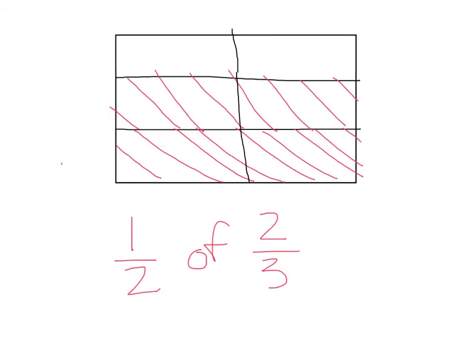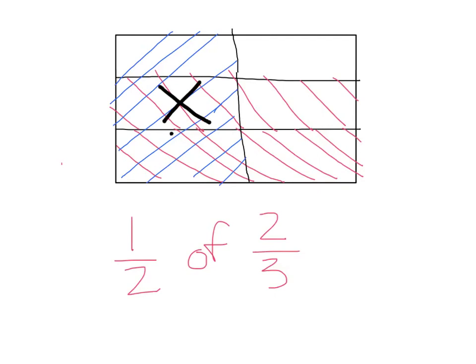Now I'm going to shade in half, the whole half. Okay, then I'm going to look here for what parts overlap. I can see that the two parts that overlap are right here. So I'm going to draw a big fat X right here and right here. So then half of 2/3 is actually two parts shaded, and the whole is now split into 6 parts.